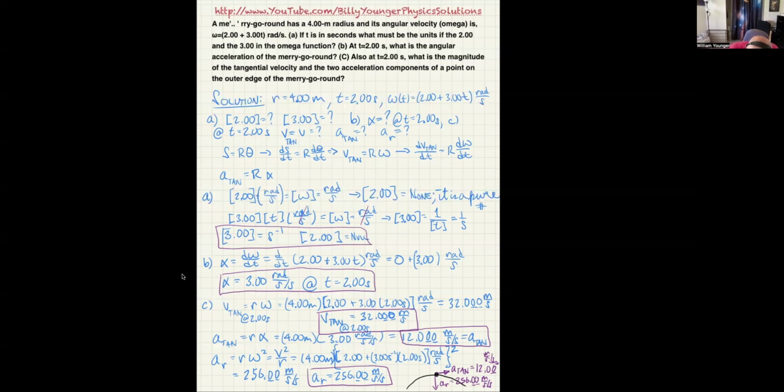So we might say this might be our x-axis, this might be our y-axis, and our acceleration vector, I'm going to draw in purple, is like this, with this angle being about 87.3 degrees.